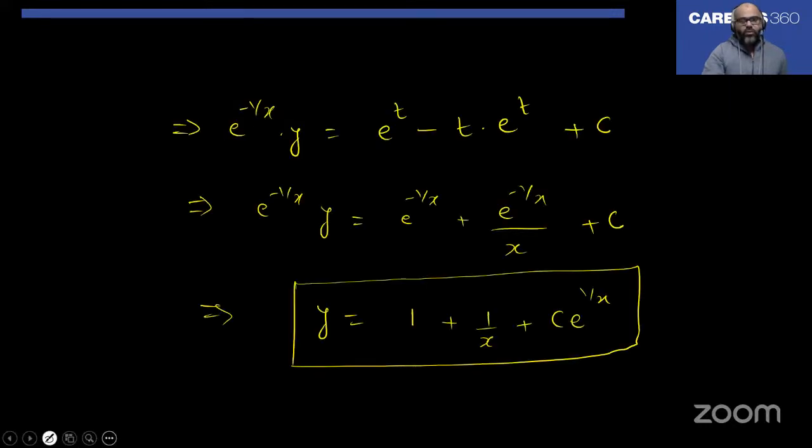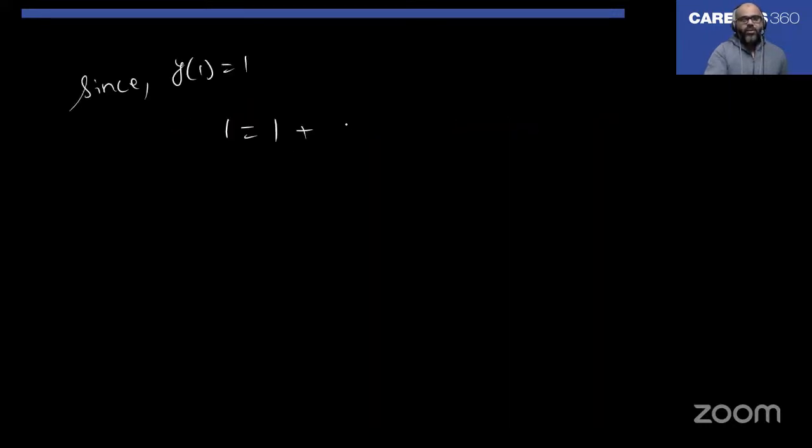So we get 1 is equal to 1 plus, since y1 is equal to 1. So 1 is equal to 1 plus 1 plus c e to the power 1, that is e. So this will give you c is equal to minus 1 by e. See, the constant is minus 1 by e.